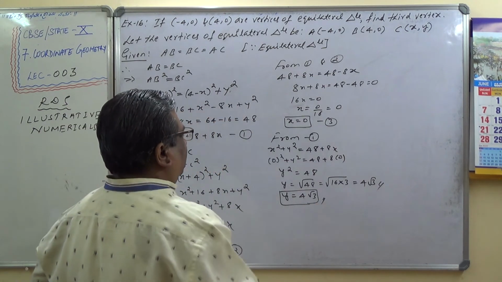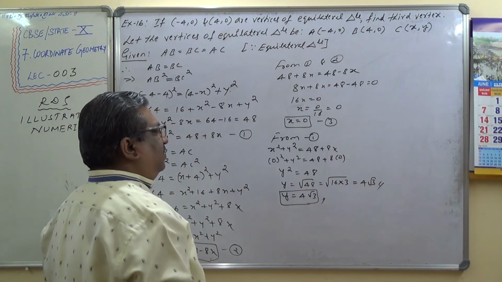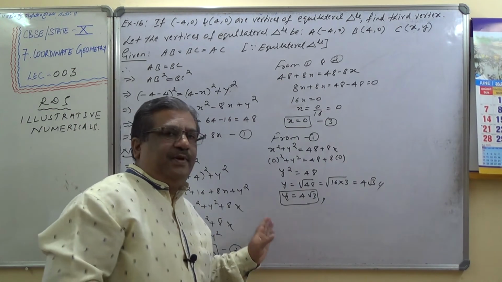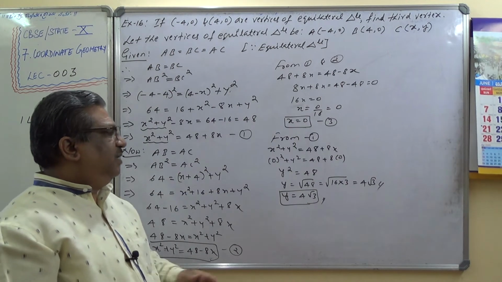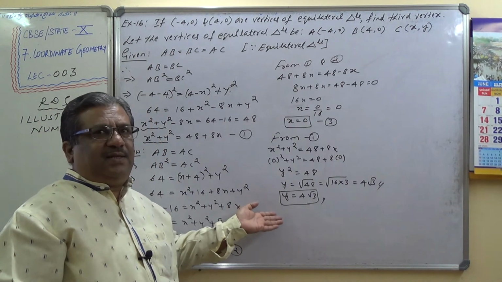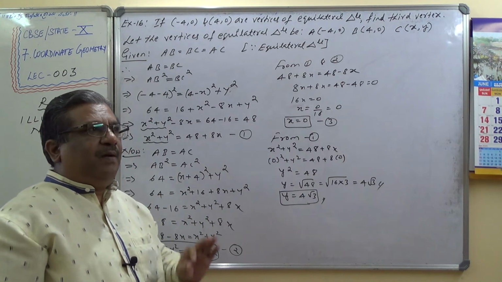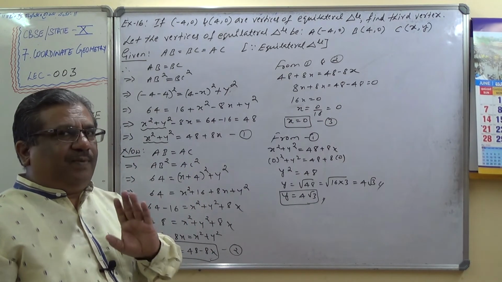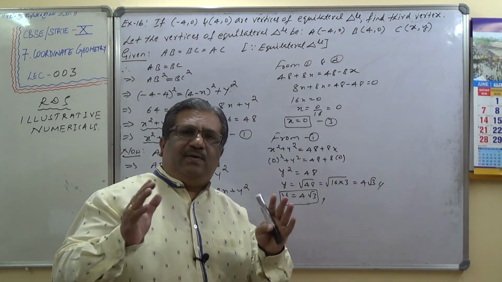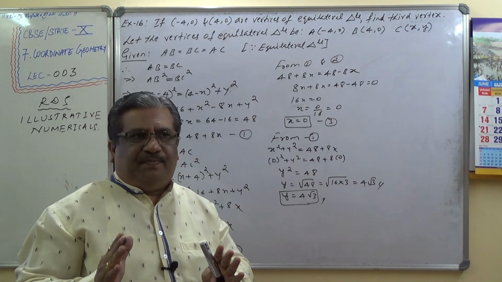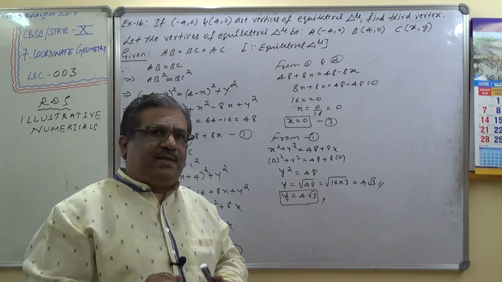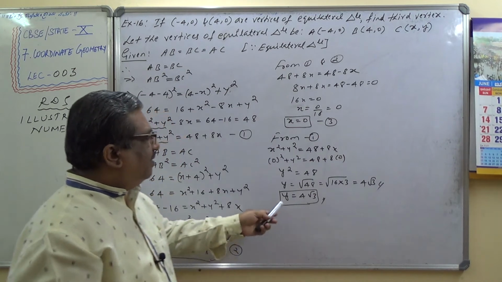Got it? Now one thing here, I would like to highlight one important aspect for all of you dear students. See, in the exam, even if you do it like this, it is okay, you will get full marks. But I would like to highlight and analyze one particular part here. The sides of geometrical figures can never be negative, but coordinates, what are we finding here?